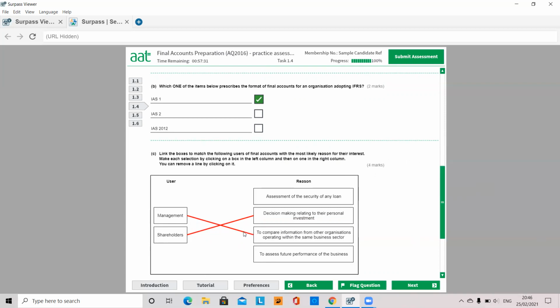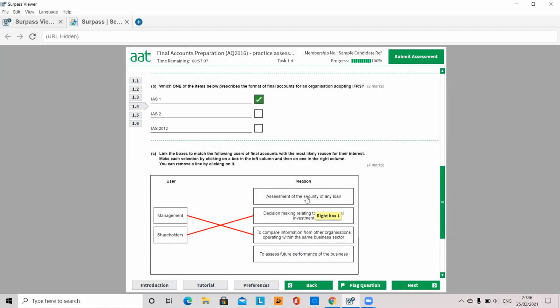I think you remove it by clicking on it, don't you? Yeah, you do. Okay. So management, so their key things as far as management is concerned is basically to do with, let's have a look. It's this one. So to compare information from other organisations operating within the same business sector, because you're having a look to see what's going on in the various sectors.